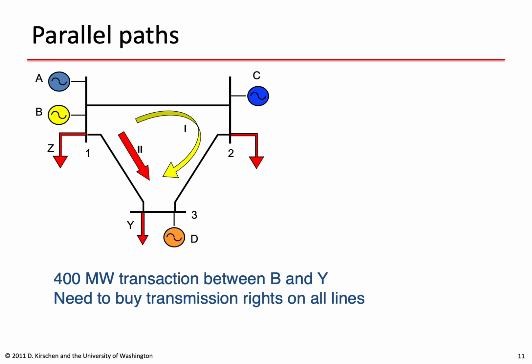Now, because we have two parallel paths between buses 1 and 3, one that goes directly between bus 1 and bus 3, the other one that goes through bus 2, that means that some of the flow is going to go through each path. That means that we are going to need to buy transmission rights on every line in the system.